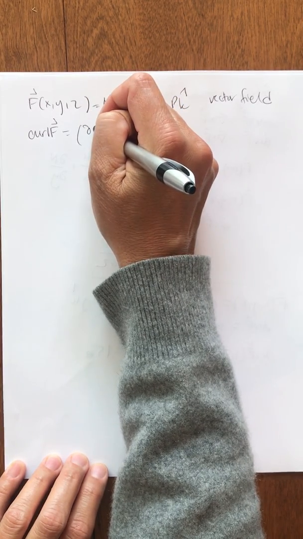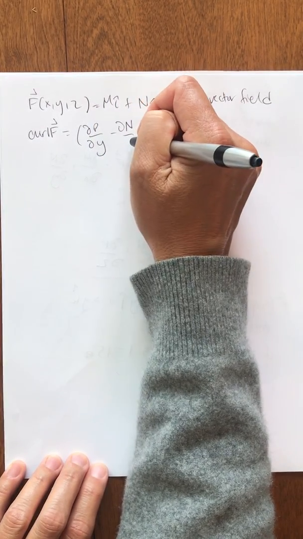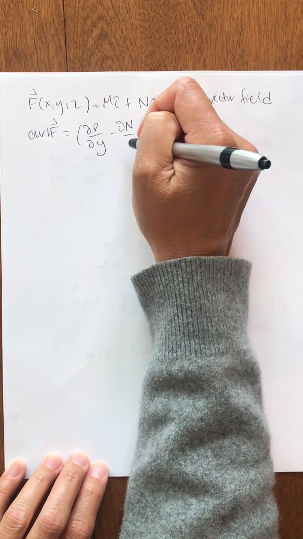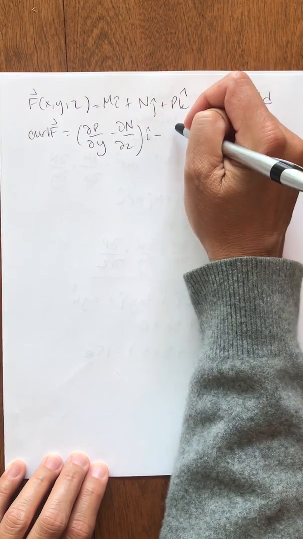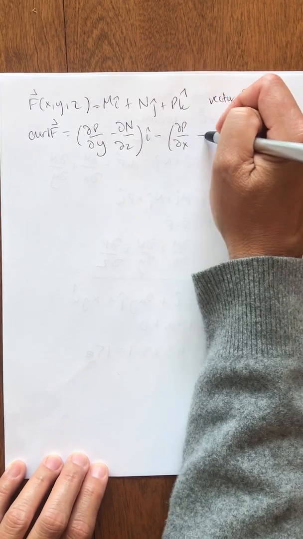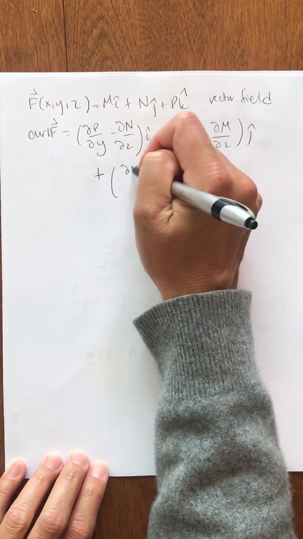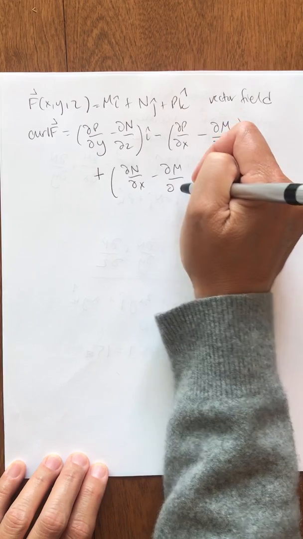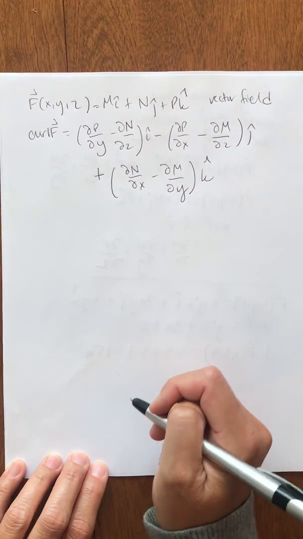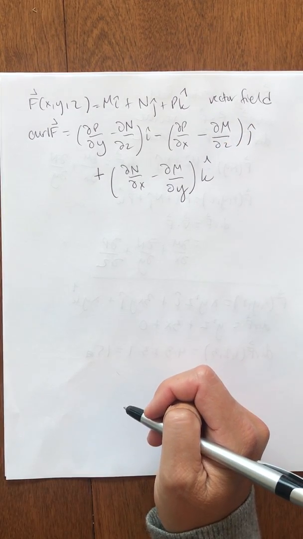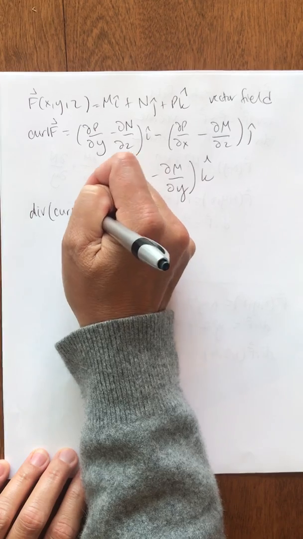I get the partial of p with respect to y minus the partial of n with respect to z, i hat, minus the partial of p with respect to x minus the partial of m with respect to z, j hat, plus the partial of n with respect to x minus the partial of m with respect to y, k hat.